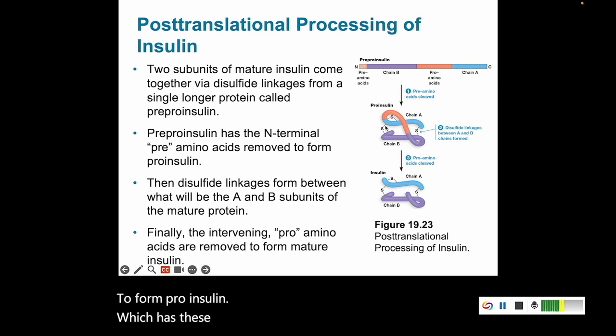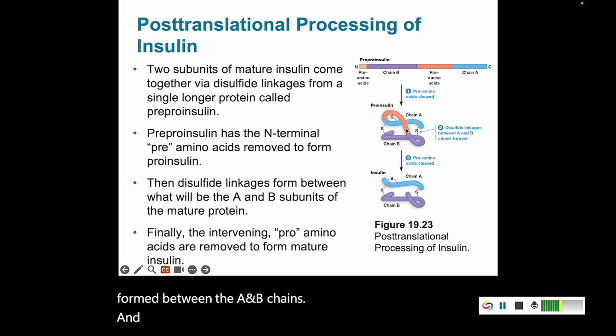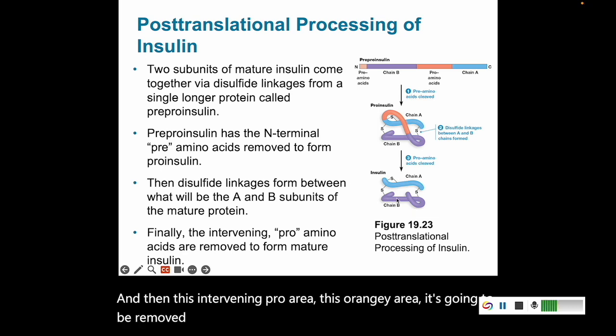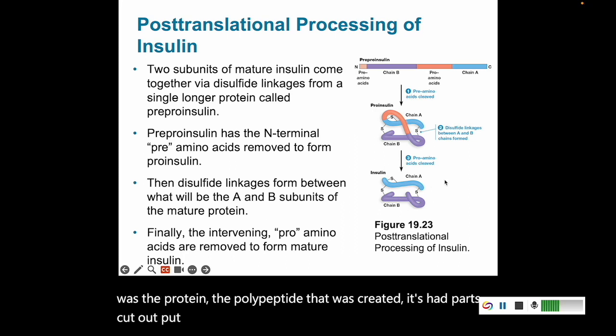Then disulfide bonds are formed between the A and B chains. And then this intervening pro area, this orangey area, is removed, and now you have functional insulin. So although this was the polypeptide that was created, it's had parts cut out, put together, and rearranged to make the functional insulin molecule.